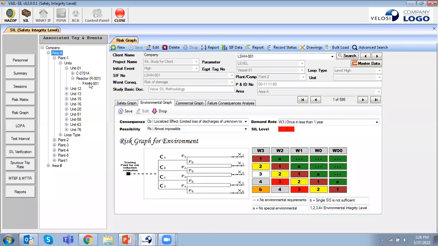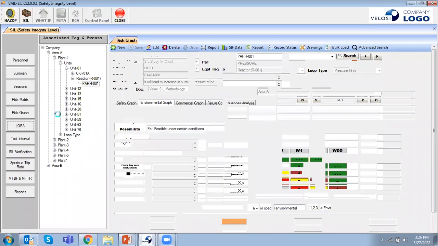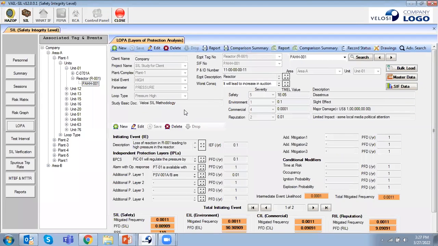For example, this is a generic high pressure SIF of a reactor, and let me go to the LOPA analysis. Here, the initiating event is loss of reaction in the reactor leading to high pressure in the reactor. Because of loss of reaction, there is high pressure in the reactor. This is a cause. Before going to that, let me go to the TMEL values.